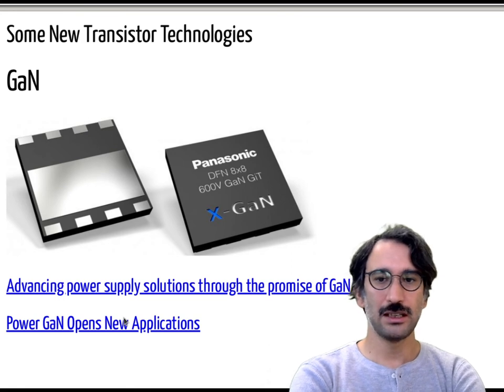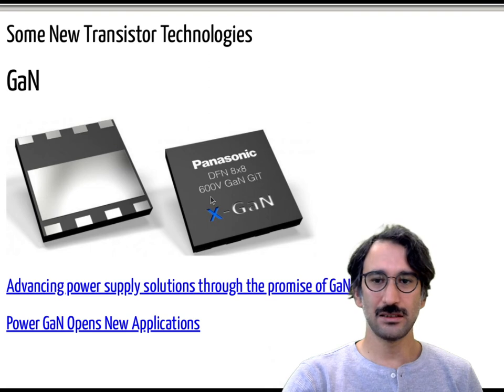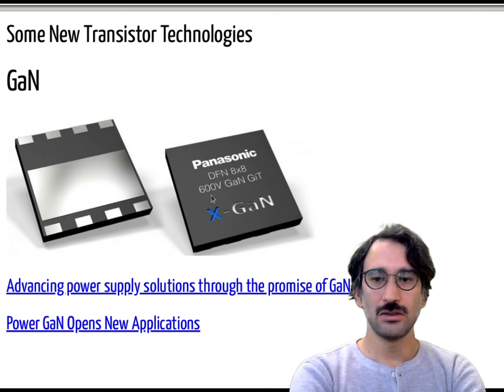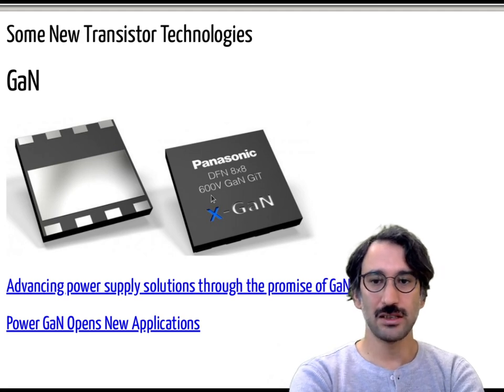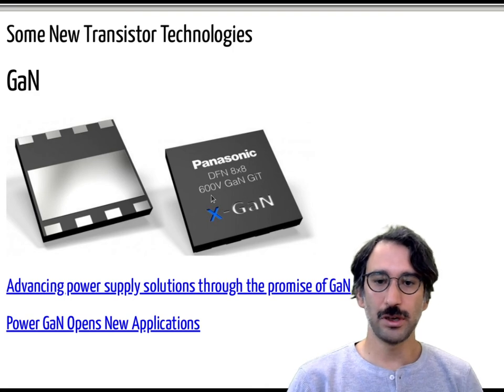Usually it's similar to MOSFET, so they are usually less than 600 volts, and most of the time even less than 100 volts. GaN devices are really fast, so they can minimize the switching losses, and they can go up to the megahertz range without a problem. So it can help to reduce the size of your power converters.